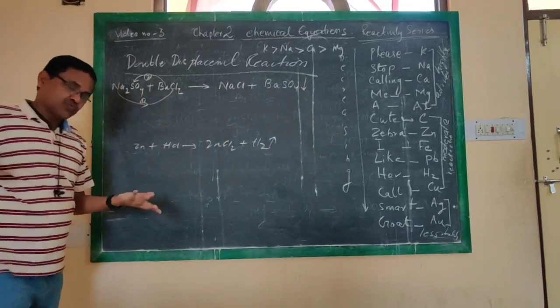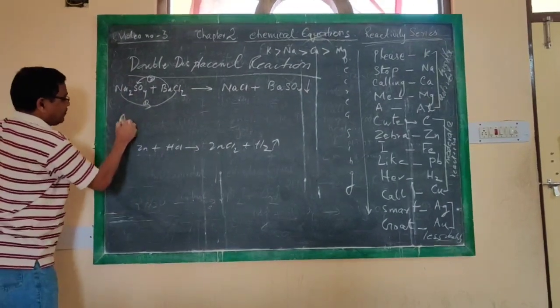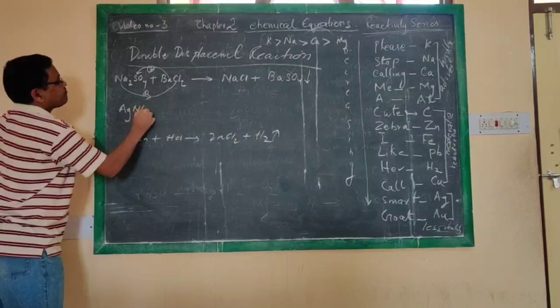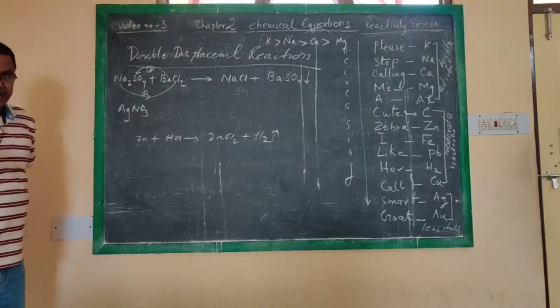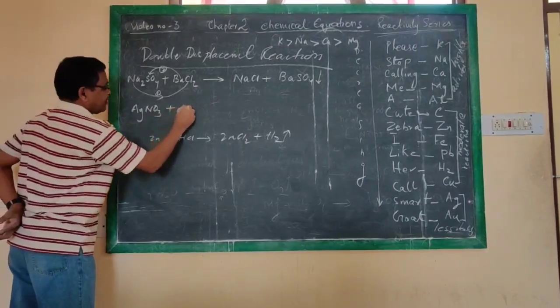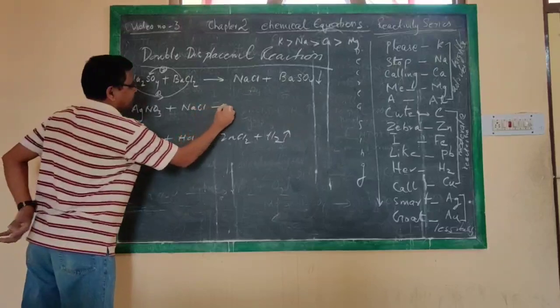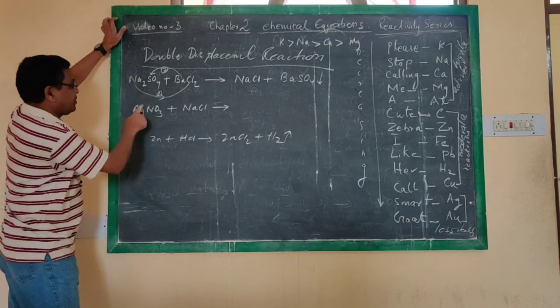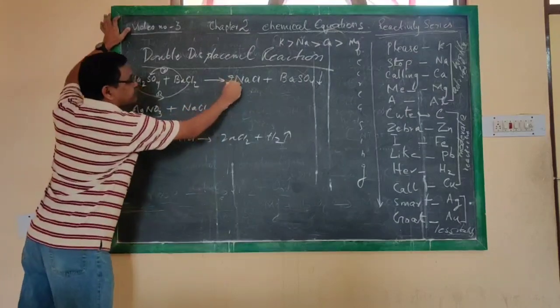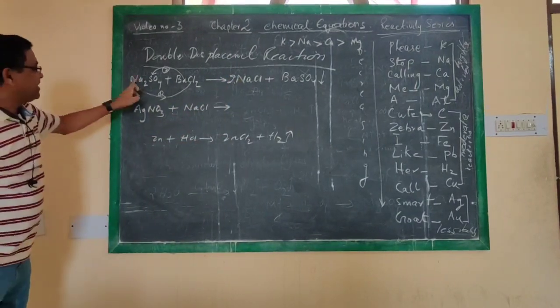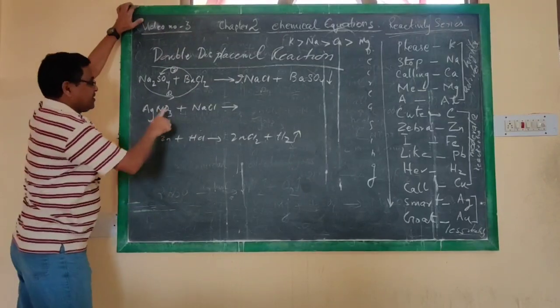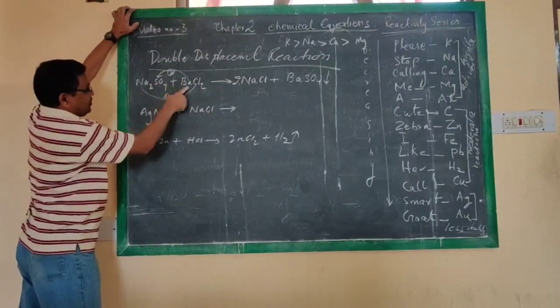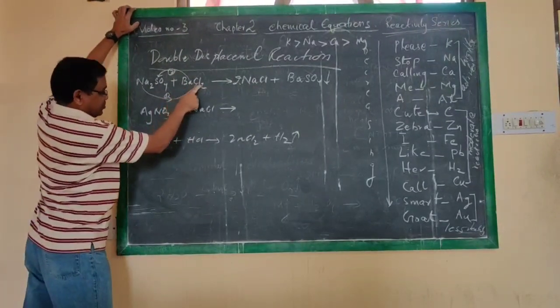We can take so many reactions. For example, silver nitrate. Let us make it react with sodium chloride. Balancing, you can see here Na2, here Ba is there, Cl2 is there.